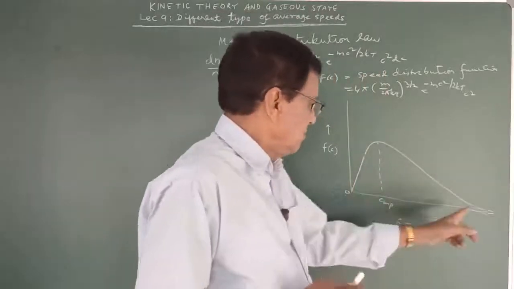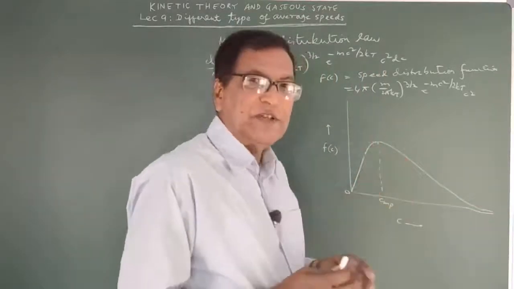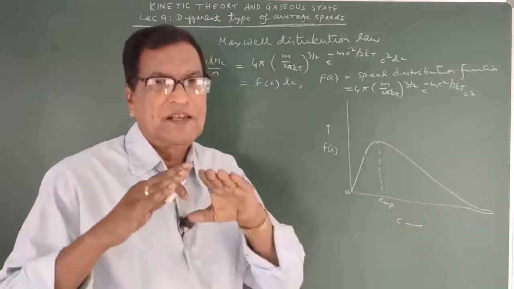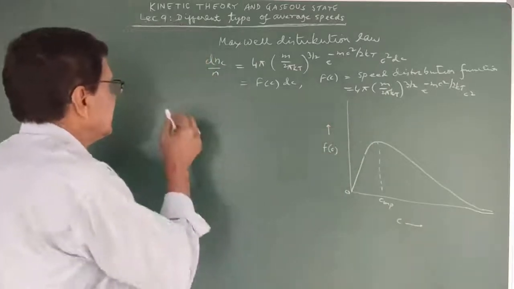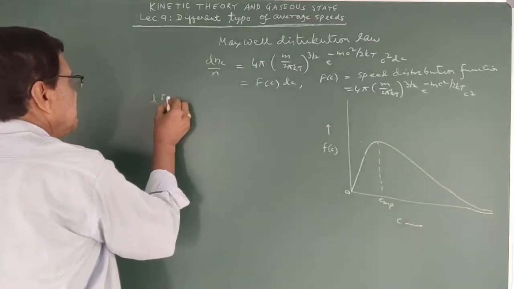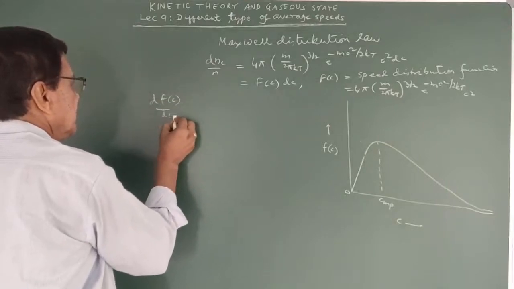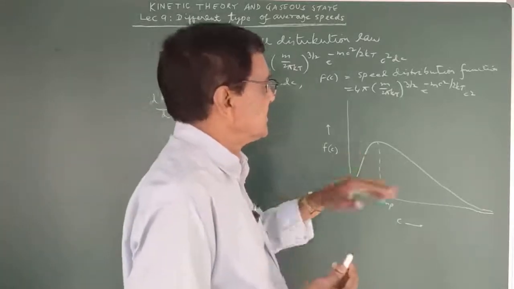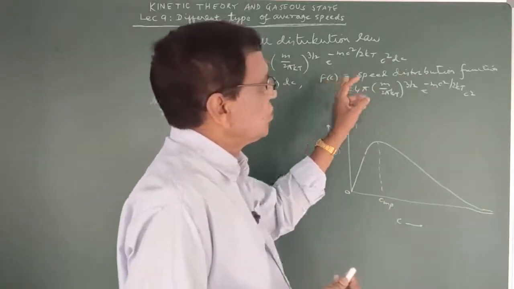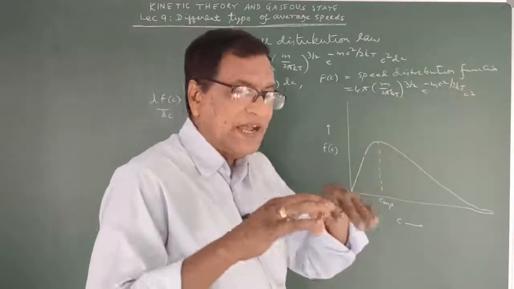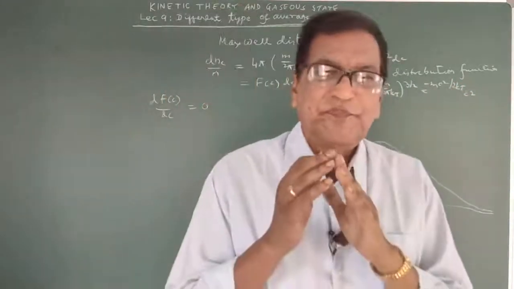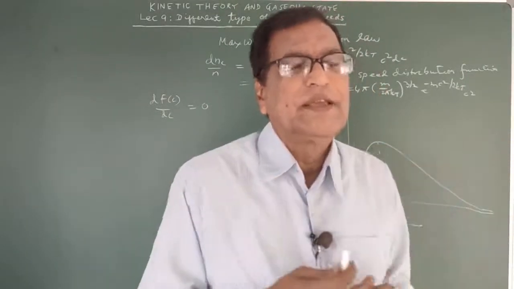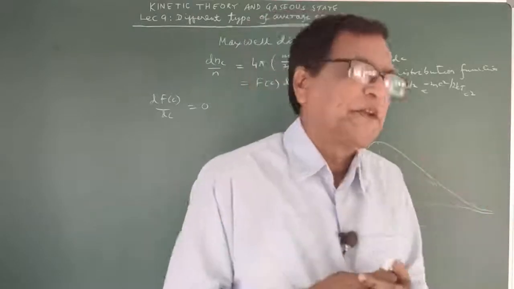There are two minima and this is the extremum. So the condition for the extrema in differential calculus is that df(c)/dc equal to 0. So let us first differentiate this f(c) with respect to c, and then we justify which speed will be the most probable speed.